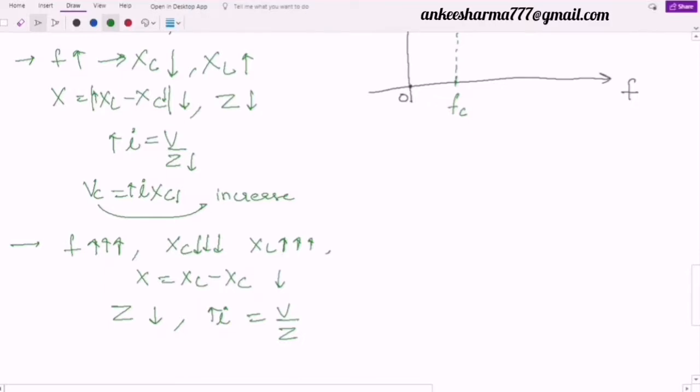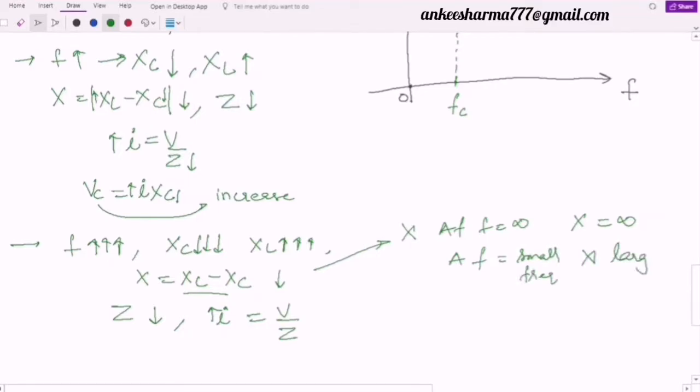Because you are now moving towards resonance. This difference is going towards 0. Earlier this difference was infinity at F equal to 0. If I take this difference X at F equal to infinity, it was X equal to infinity, whereas at F equal to small frequency, if I use a small frequency, this X was large, the value of X was more.